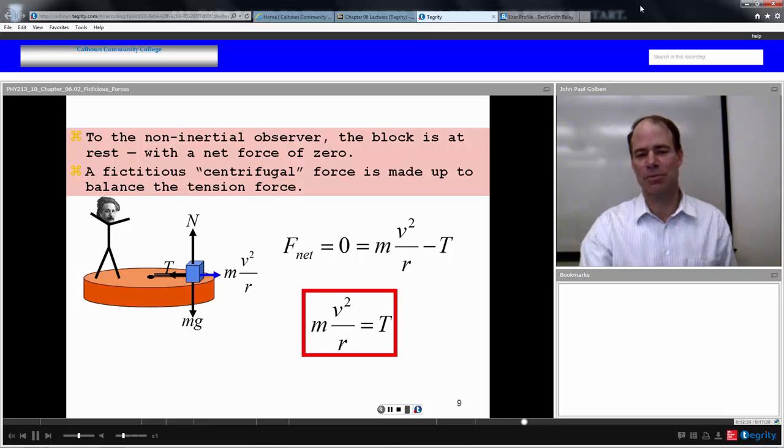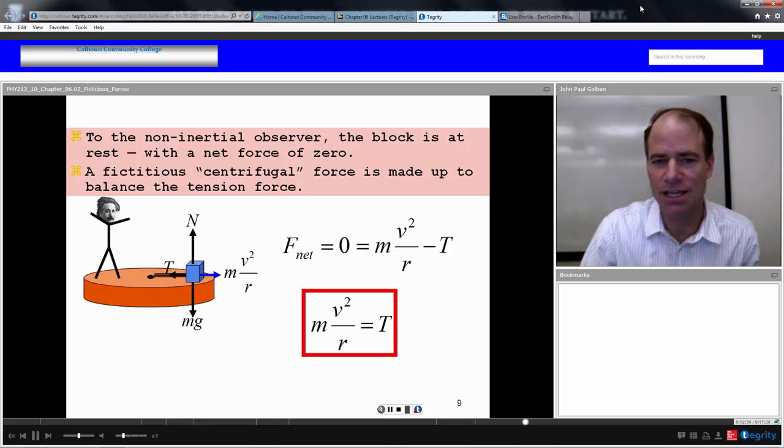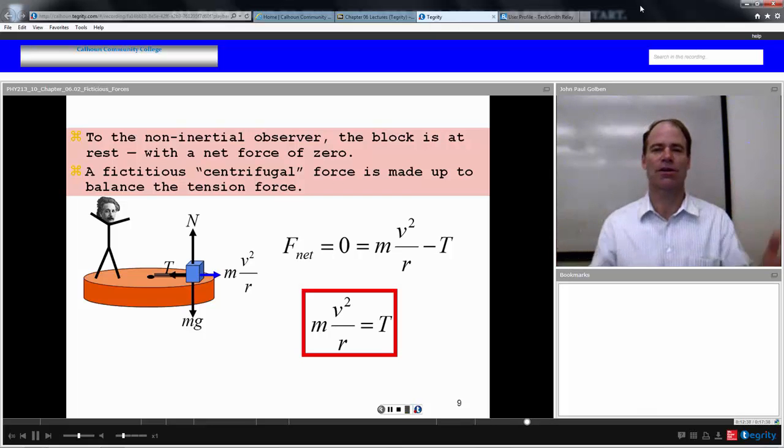Here's another example. Say you're on the Earth, at the equator. The Earth rotates around once a day, and the circumference of the equator is 25,000 miles. So over the course of one day, 24 hours, you move 25,000 miles.